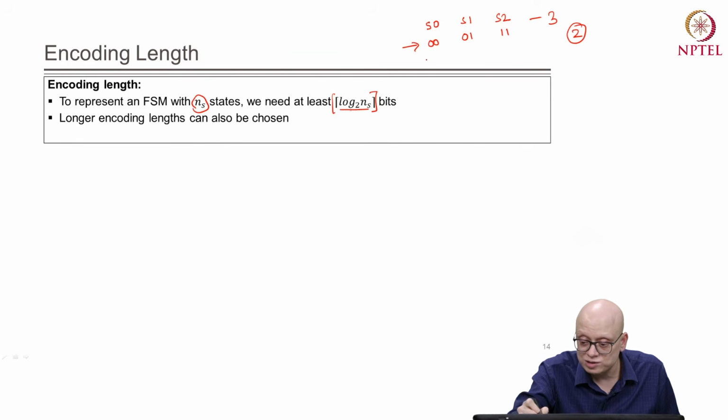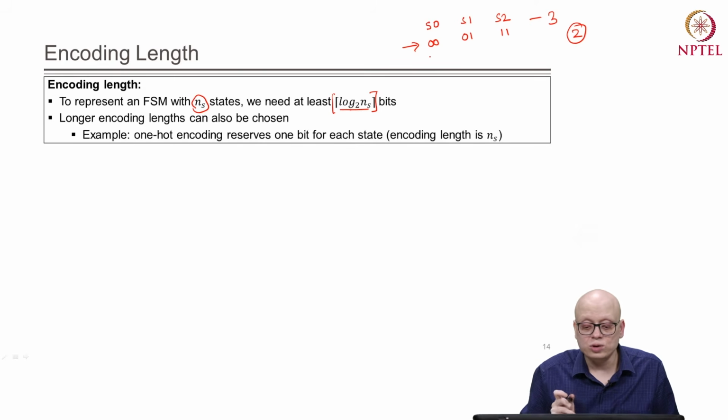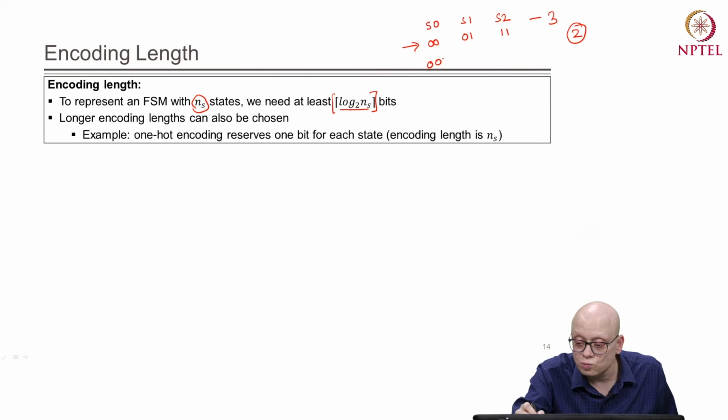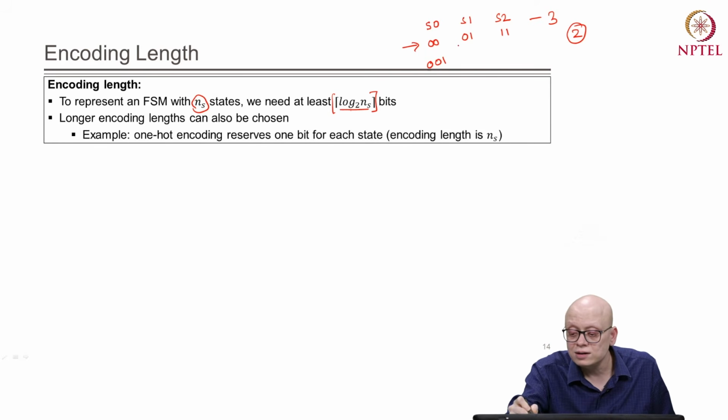For example, we could do a 1 hot encoding. In 1 hot encoding we reserve 1 bit for one state. So, here there are 3 states, so there are 3 bits we will be using. For example, we will use 0 0 1 for state 0, 0 1 0 for state 1 and 1 0 0 for state 2.